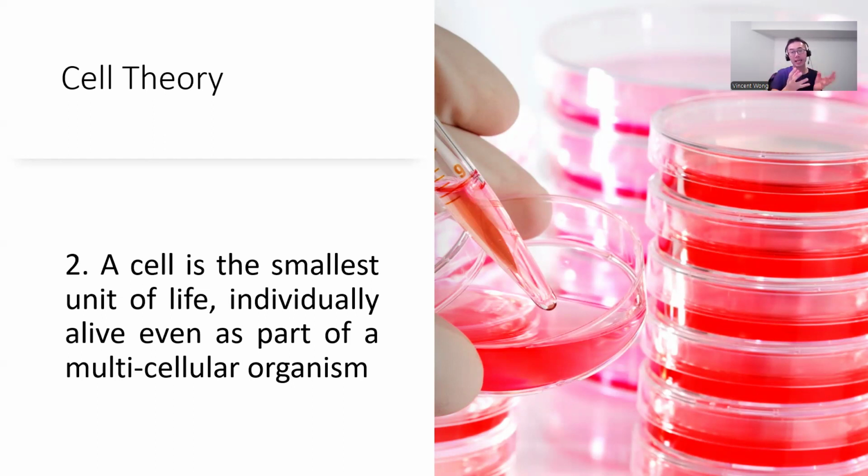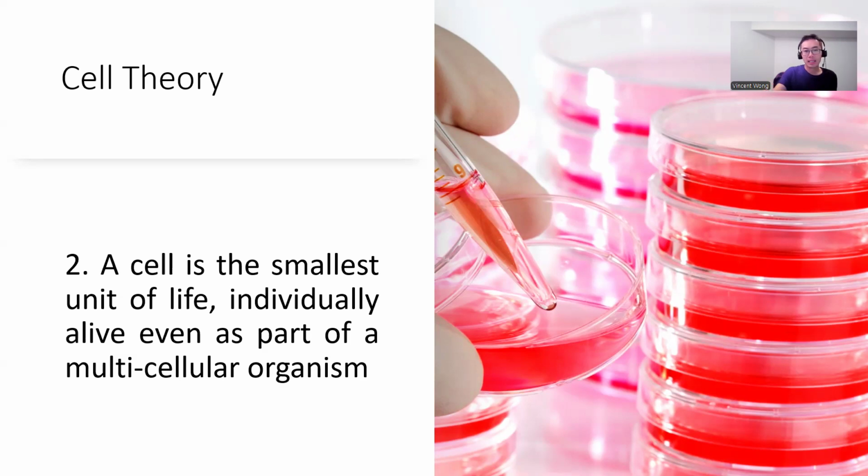You can actually take out most of the cells from the body, and they would be able to grow in a petri dish for some time. If you supply them with nutrients and the right conditions, the right temperature, they will be able to survive outside of the body, because they are individually alive.